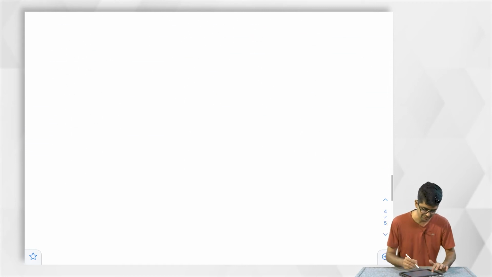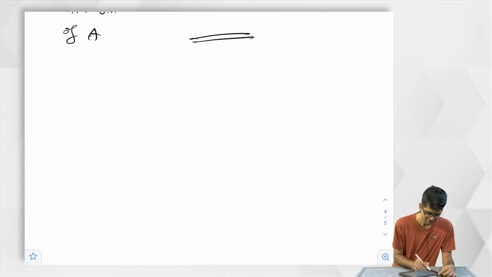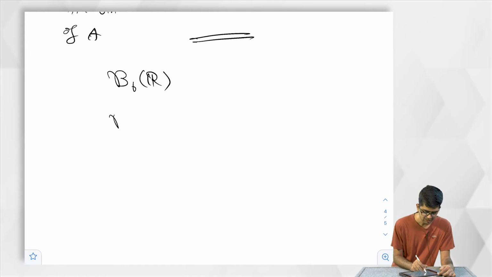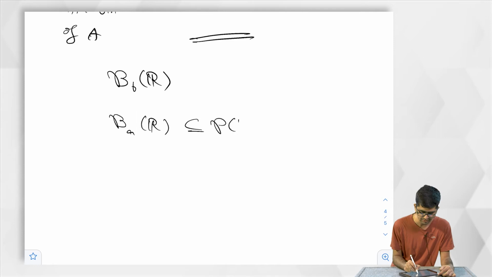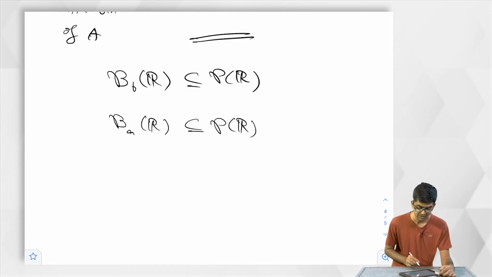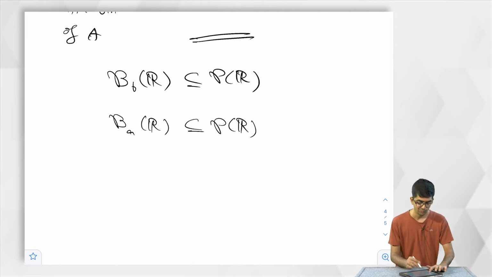So maybe I should just write one more time. Let me denote the set of all bounded below subsets by this, and the set of all bounded above subsets of R by this. So these two are subsets of the power set of R. Now what do we have?